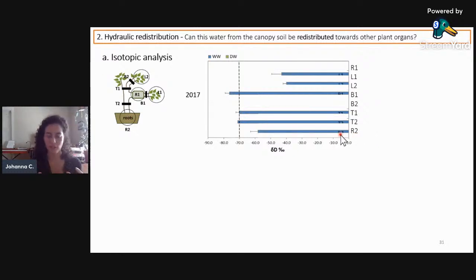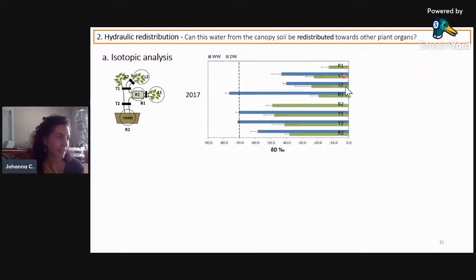There is a certain fractionation between heavy molecules and lighter molecules of water that makes this tissue more enriched than the other ones. And now if we compare with the canopy soil samples, the green bars here, you can see that most of them are actually enriched.